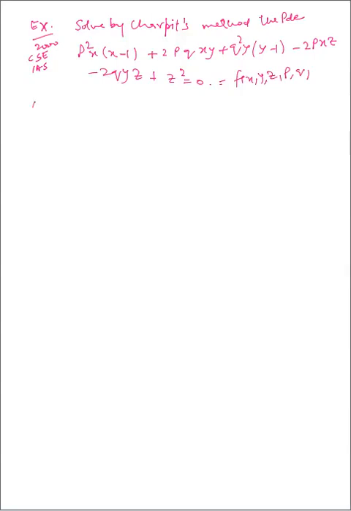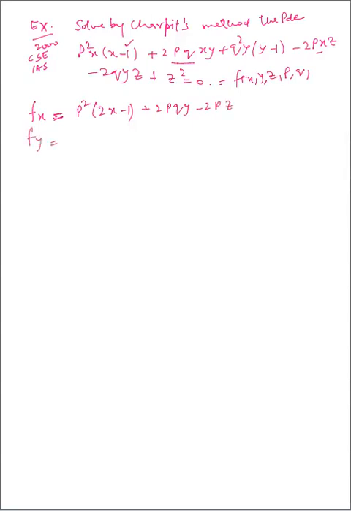So fx is, because it's a lengthy expression, we need to be careful. This becomes x square minus x, so 2x minus 1, then from here plus 2pqy, from here minus 2pz, that's it.